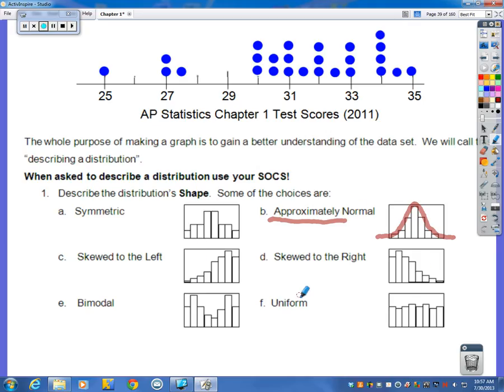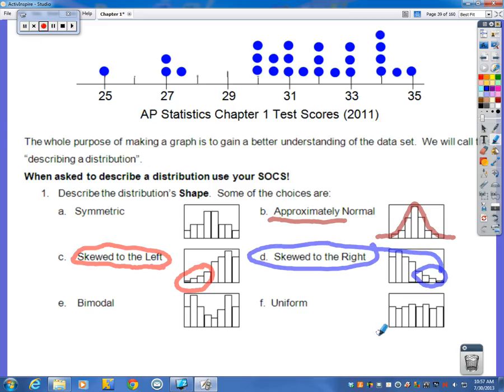Not symmetric, not normal looking. How do you distinguish between the left and the right? Well, it depends on where the tail of the distribution is located. Consider this thing a tail. If the tail is on the left side, then it's skewed left. And if the tail is on the right side of the distribution, then it is skewed right. That's how I remember skewed left, skewed right. It's where is the tail.